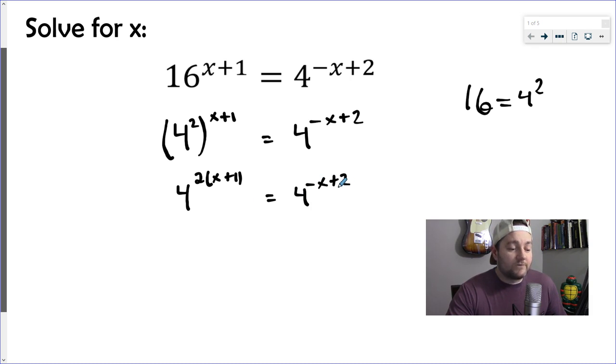So now what you notice is I have the same exact base on both sides. So when you have the same exact base, we're using one of our exponent laws.